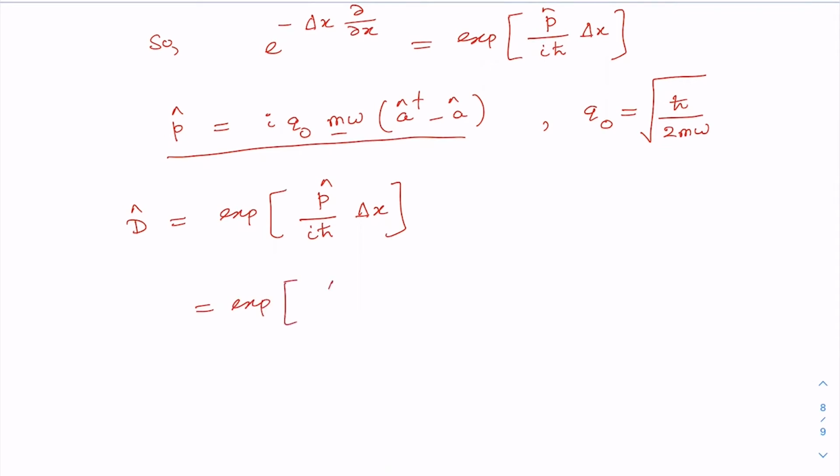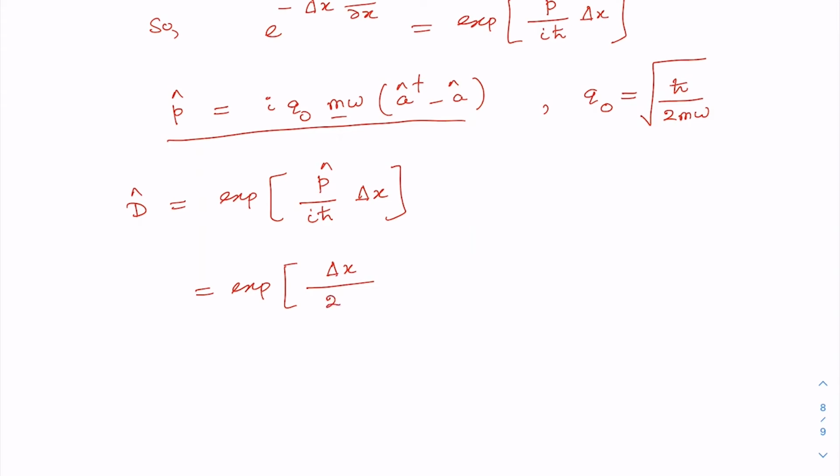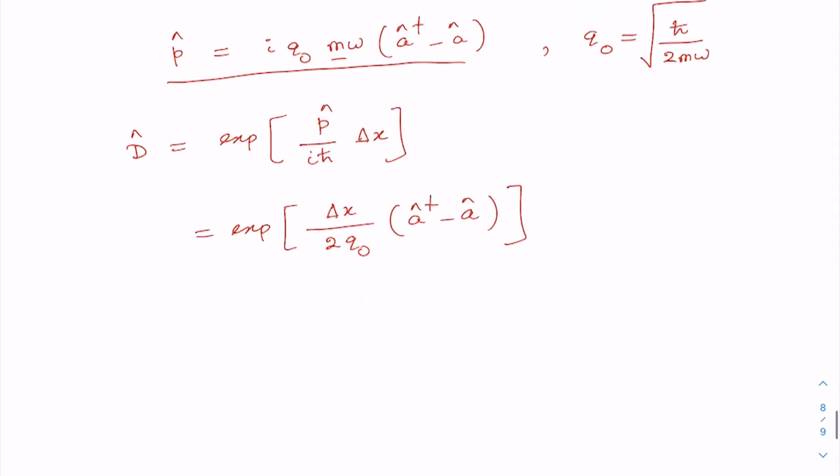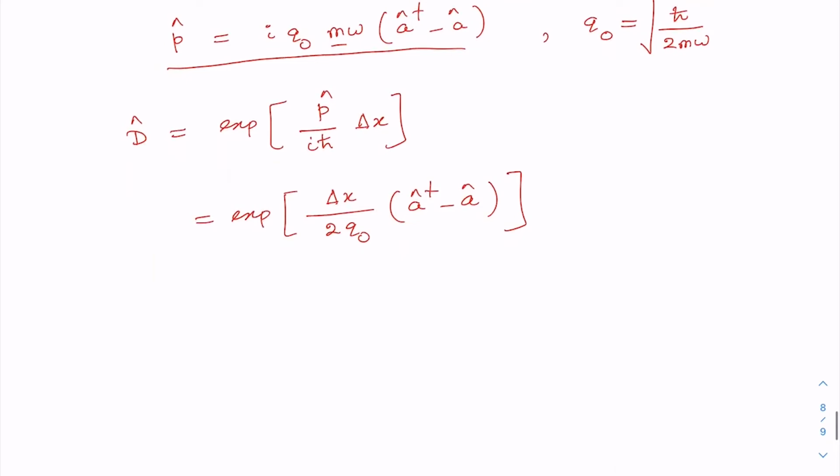Doing all these things, you can see that you can write it as exponential of 2 q0 Δx by 2 q0 (a† minus a). Okay, this is what you will get, and this is only for one particular direction, that is along the x direction, that we have worked it out.